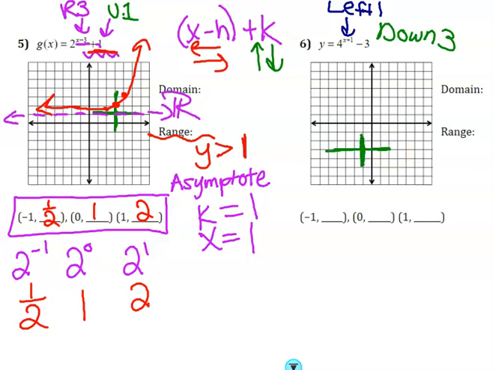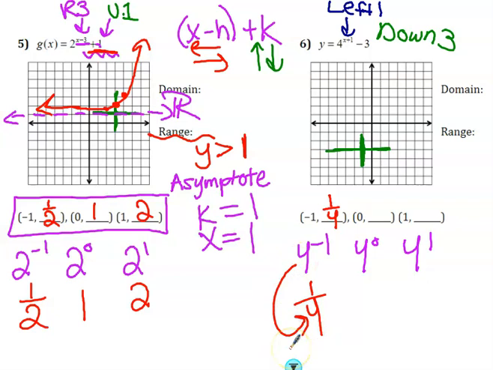What is my base? My base is 4, so 4 to the negative 1, 4 to the 0, and 4 to the 1. So 4 to the negative 1 is 1/4. Again, there's no negative as part of it. It just makes it into a fraction. Drop it down to the denominator. 4 to the 0 is 1, and 4 to the first is 4.